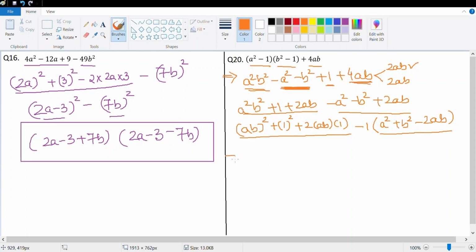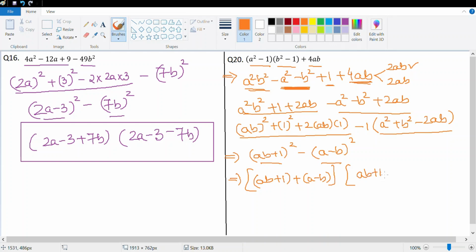So let's just write this down. This would be ab plus 1 the whole square, and the second term is a minus b the whole square. Yes, that's correct. Now this is x, this is y, and we have x square minus y square. So this can be written as x plus y multiplied with x minus y.